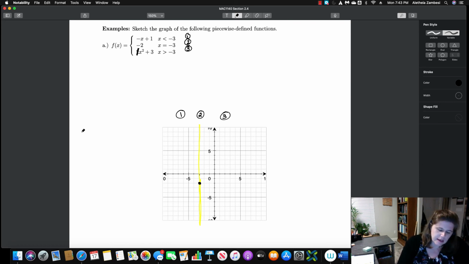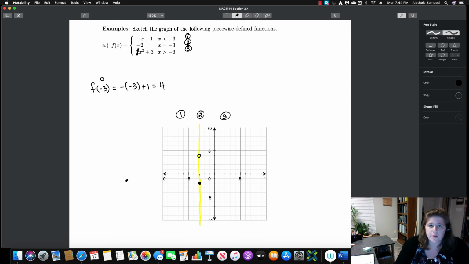So let's say we put negative 3 in there. I have f of negative 3 open circle at negative 3 plus 1. So positive 3 plus 1 gives me 4, and that line has an open circle here.